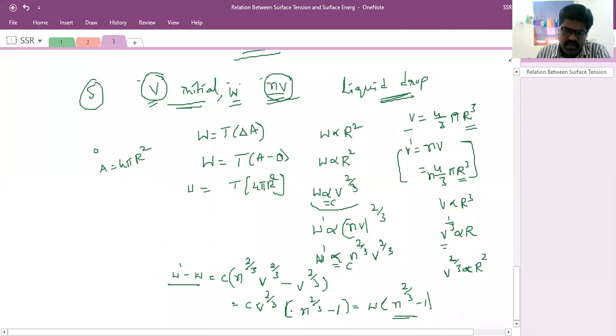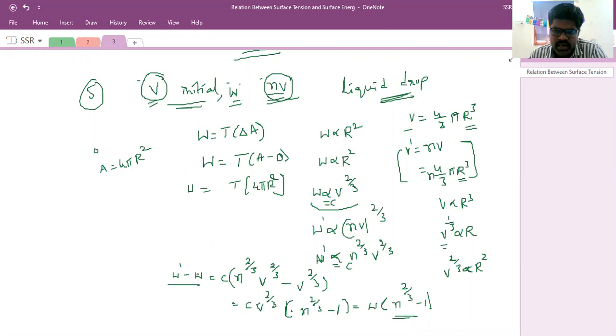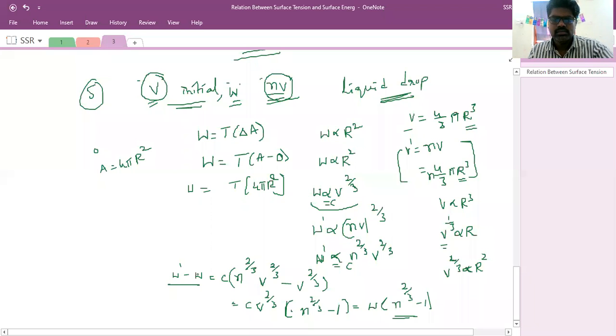This W dash minus W is the additional work required to increase the volume from V to N times of V. That is the initial work into N power 2 by 3 minus 1. Are you clear on this? Yes or no? Additional work required to increase the volume from V to N times of V.